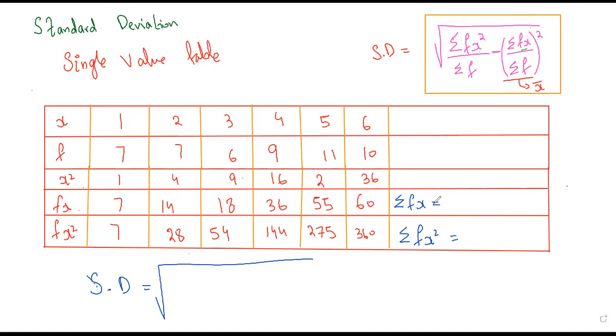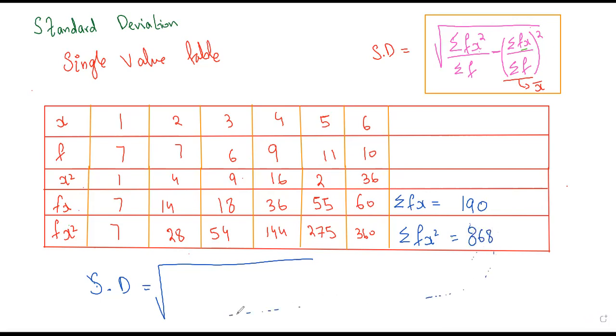Summation of fx is 190. Yes, very good. And summation fx squared would be 868. Very good.